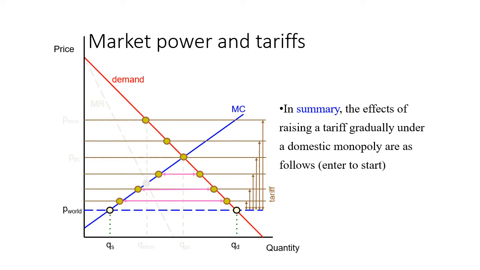But that is only effective once we have a tariff that pushes the total price, which is the world price plus the tariff, above that of perfect competition. And you need to be able to understand the scenarios as I've said on the previous slide.